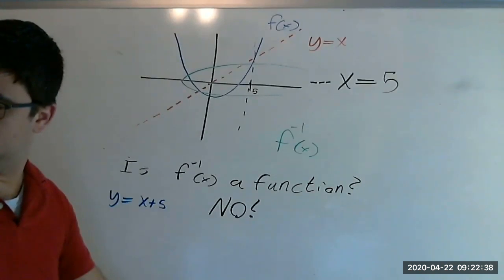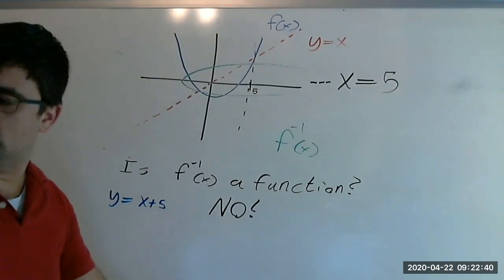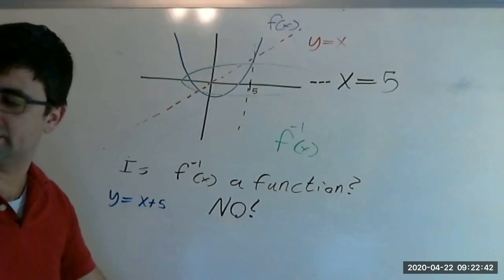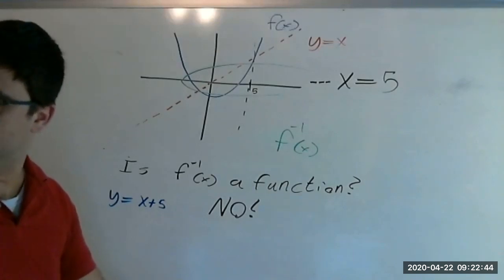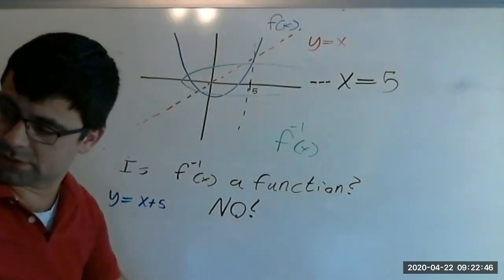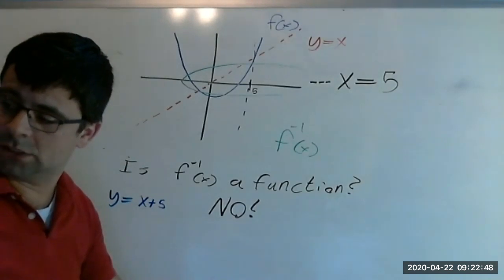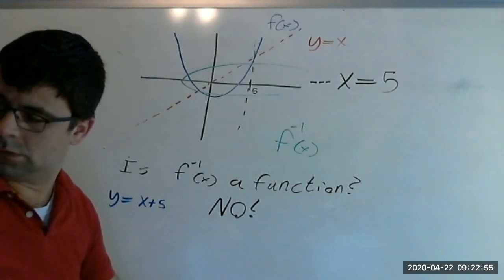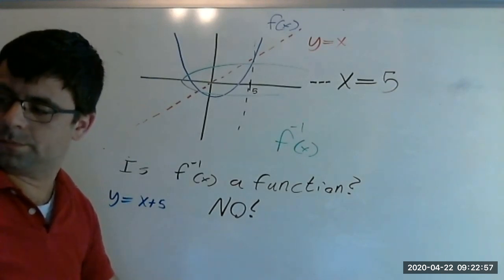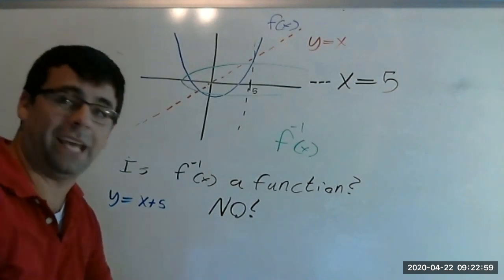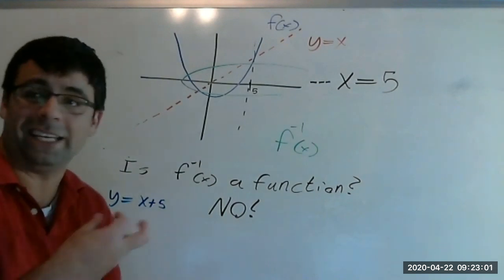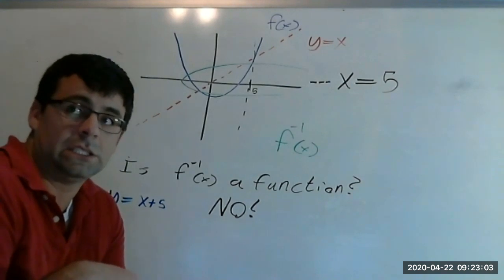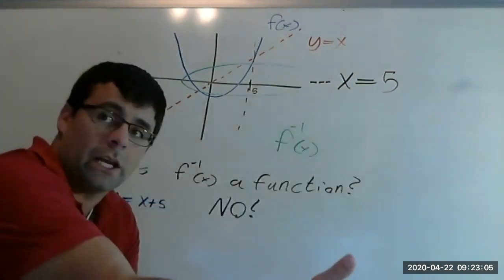Is it to cancel x out? It's not canceling x, but you are going to do something to x and to y. So remember, a function takes an input, x, and gives you an output, y.